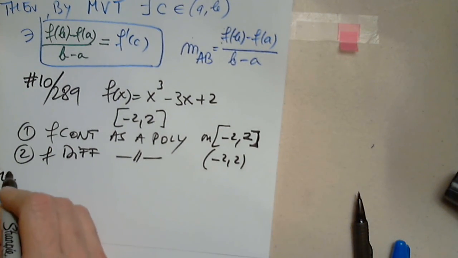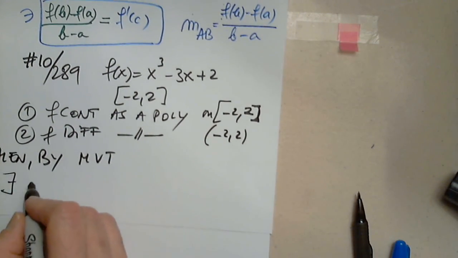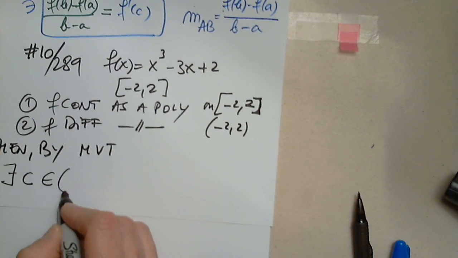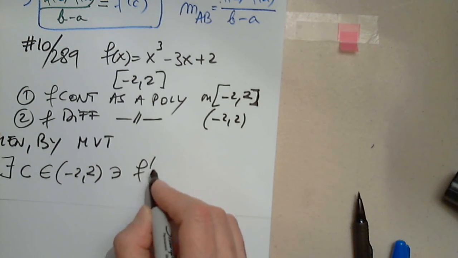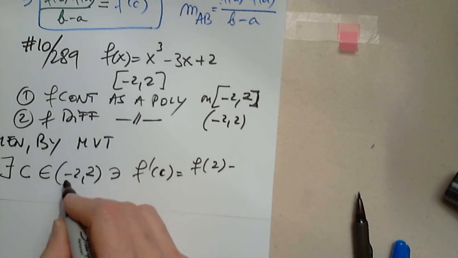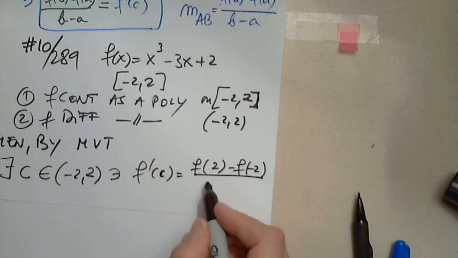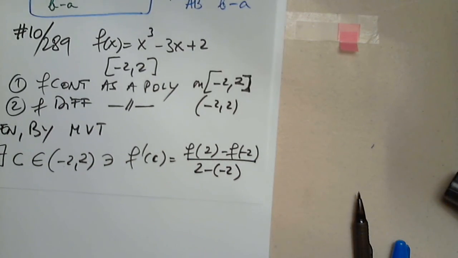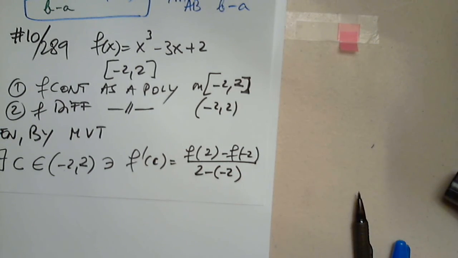Then by MVT, there exists C, at least one, in the open interval negative 2, 2, such that f prime of C equals f of 2 minus f of negative 2 over 2 minus negative 2. And this is guaranteed, and now I can shut the book and put it away. So that's guaranteed by MVT.